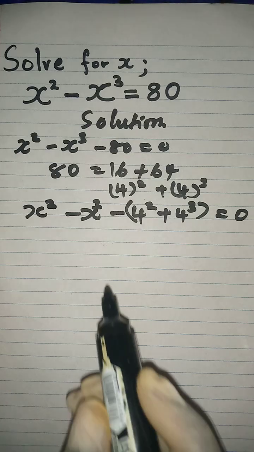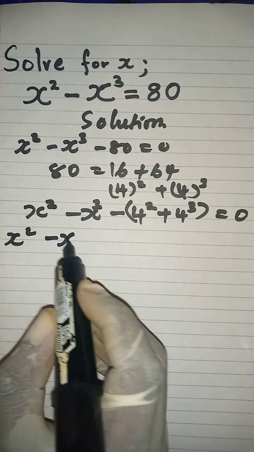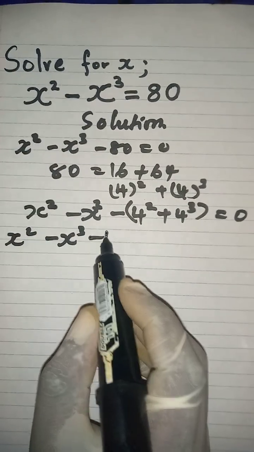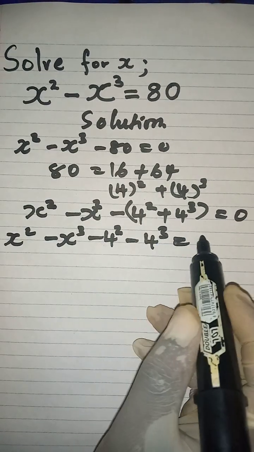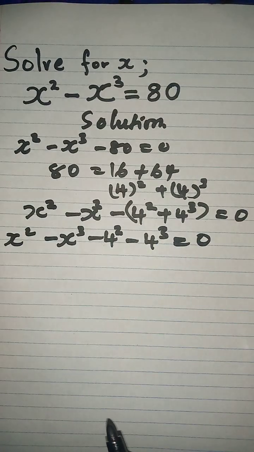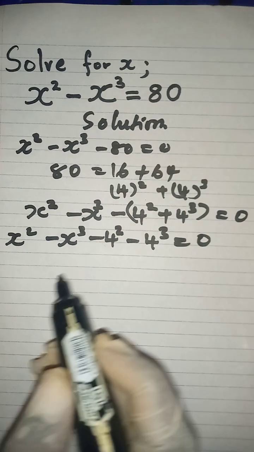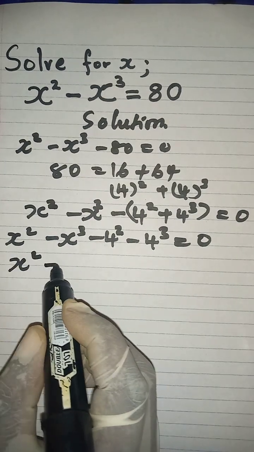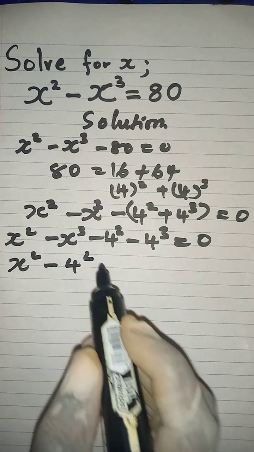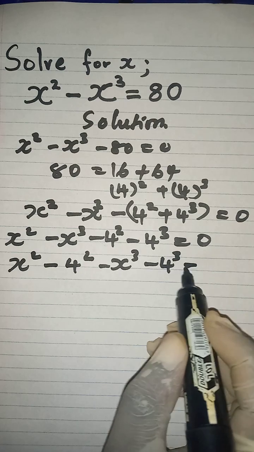Then I can open the bracket using the negative, so that I get x squared minus x cubed minus 4 squared minus 4 cubed is equal to 0. Well, I'm going to collect like terms, x squared and 4 squared together, so that I get x squared minus 4 squared minus x cubed minus 4 cubed is equal to 0.